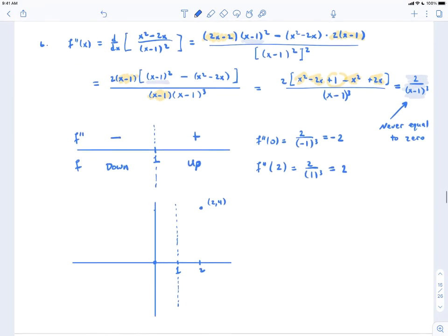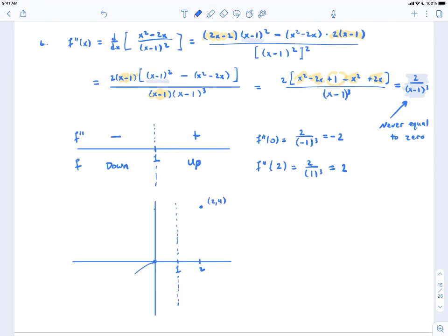So it's going to look something like that, and something like that, and something like that. Now we also know that it's concave down over here to the left of 1, and it's concave up to the right. We also have a vertical asymptote, so it's not going to cross that. So it's going to look something like that.